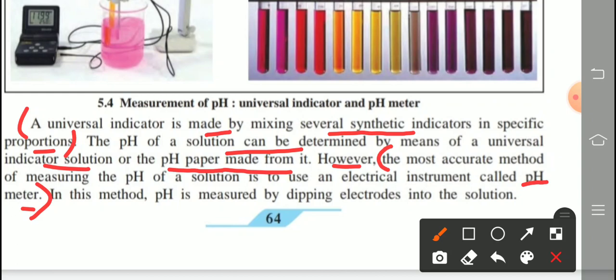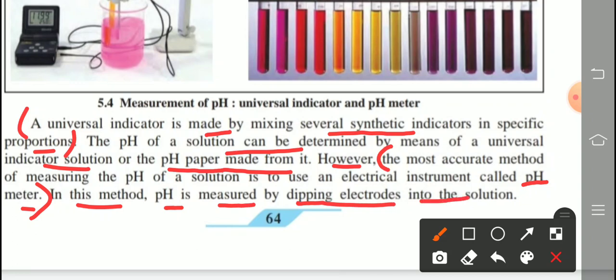What is a pH meter? The most accurate method of measuring the pH of a solution is to use an electrical instrument called a pH meter. In this method, pH is measured by dipping electrodes into the solution.